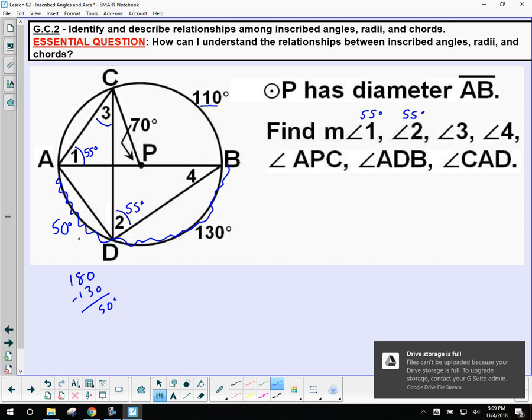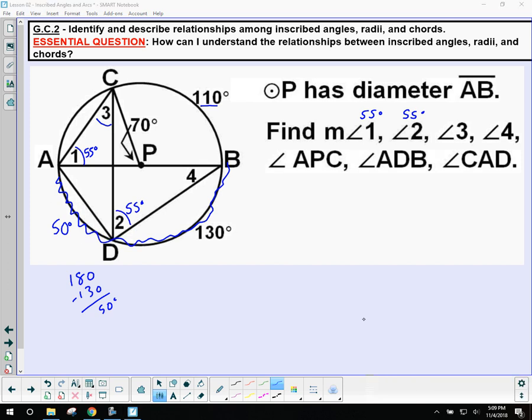Angle 3, half. That guy should be at 25 degrees right there. So 3 is 25 degrees. 4, look at that. They're sharing that arc we just solved. 25 degrees right there. Look, see how easy it is? You're giving it too much worry.